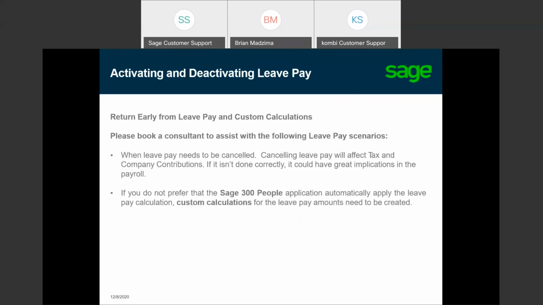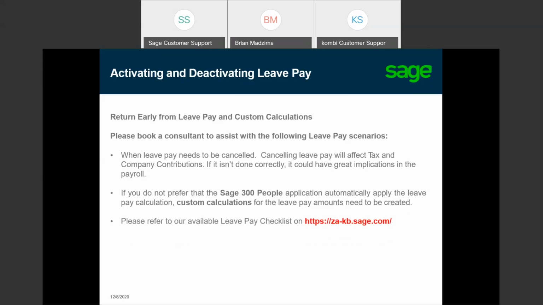So it's important to ensure that you see what the differences are and confirm whether any additional assistance would be required. If you do not prefer that the Sage 300 People application automatically apply the leave pay calculations as per the setup that we discussed, then custom calculations for the leave pay amounts need to be created.